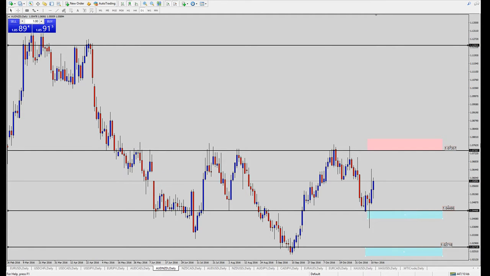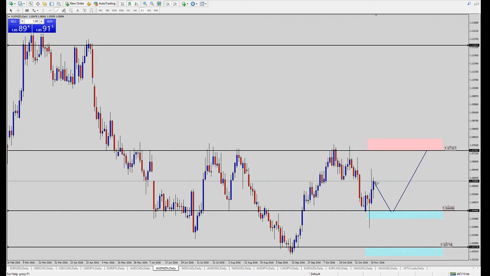For AUDNZD, what I'm just looking for today is probably a pullback to the 1.04466 zone. And if we do get bullish confirmation in this area, what I'm really looking for is a push upwards to the 1.07357 zone.